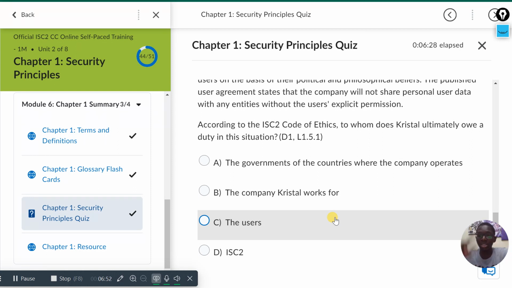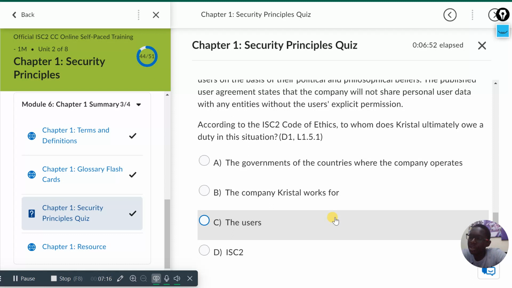Now, this is quite a technical question, and I want you to pick your answer. The first option is the government of the countries where the company operates. Then the company Crystal works for, which is actually selling the data. Should he be loyal to them?